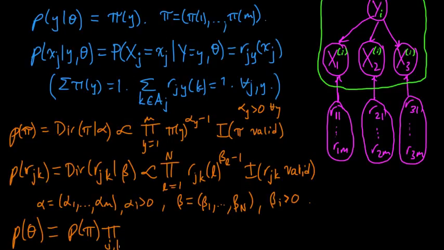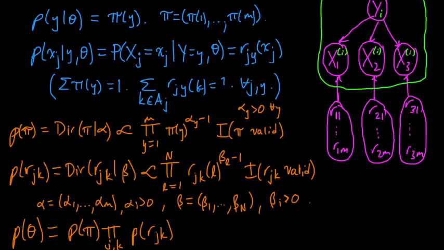Let's say, I'll just write it, the product over j from 1 to d, and then over k from 1 to, what does k go to? 1 to m, because that's all the values of y. All right, so that defines our prior distributions.